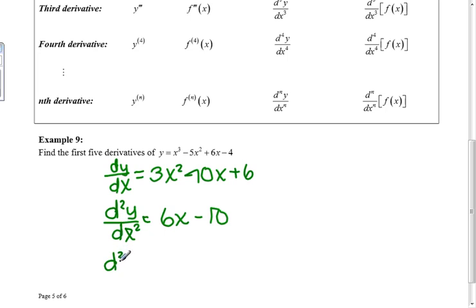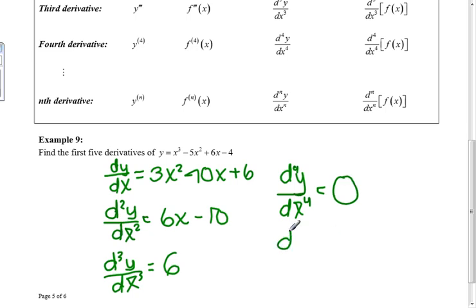D cubed y over dx cubed, the third derivative. Well, this looks tough. The only one we have left is 6. Alright, so now that we have a constant, if we take the fourth derivative, if we take the derivative of any constant, it's just 0. So if we take the derivative of 0, it's just 0.